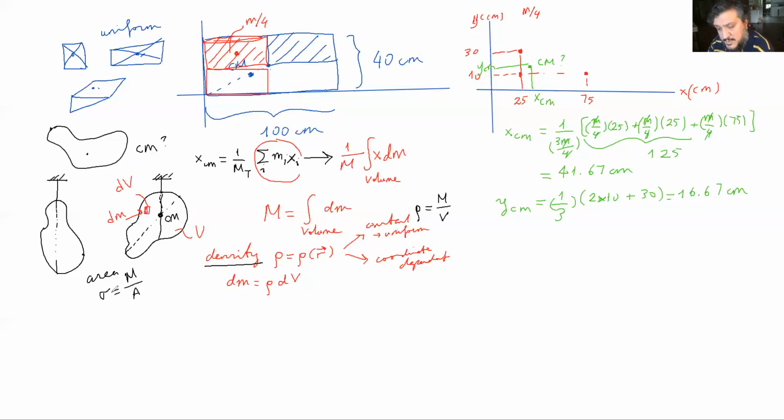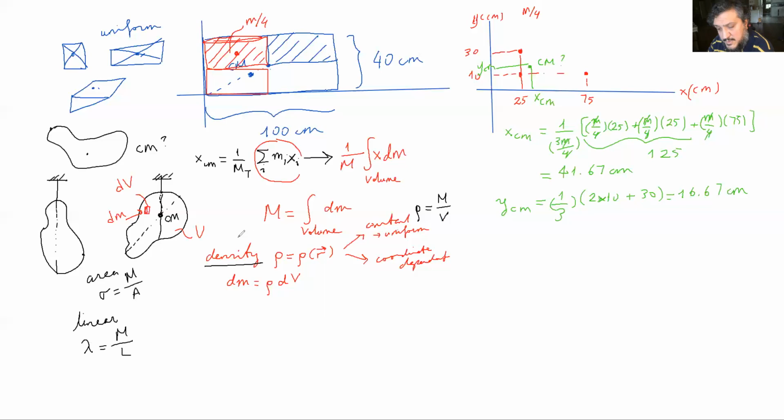What about a really long stick? Okay, we can ignore the thickness or the cross-section area. Now we're talking about linear density, and that would be the mass divided by length. Let's use the letter lambda to denote that. Linear mass density, area mass density, and this is the volume mass density.